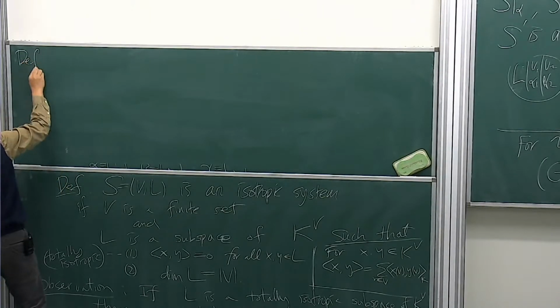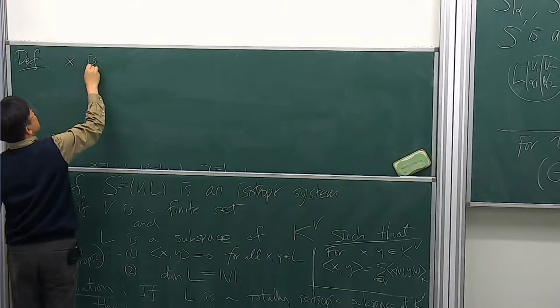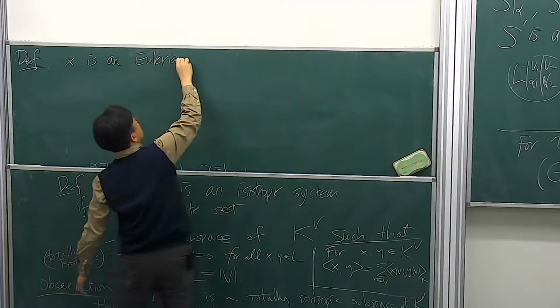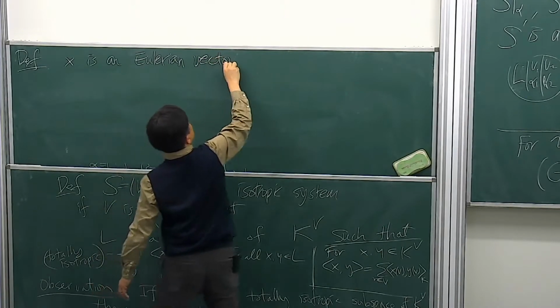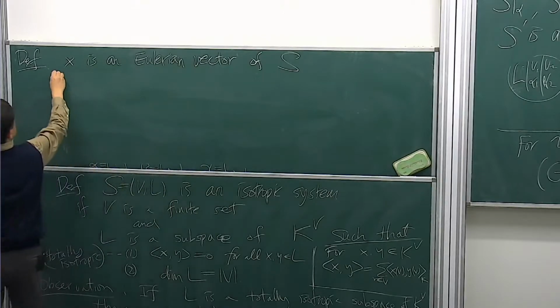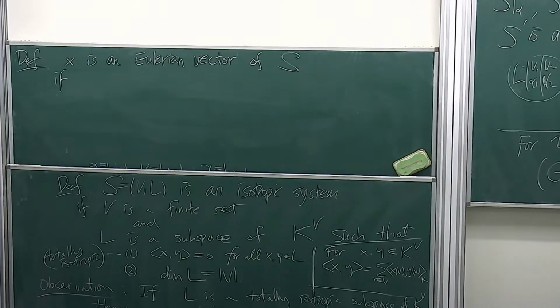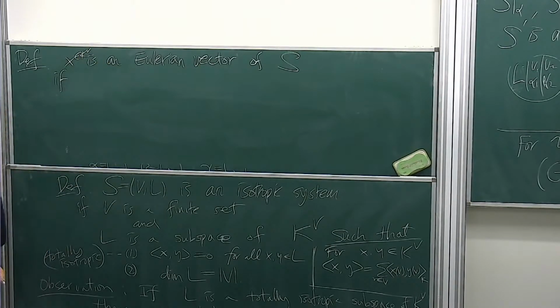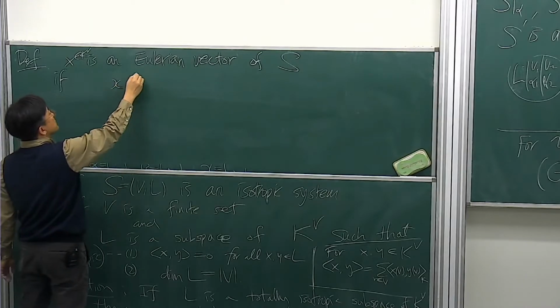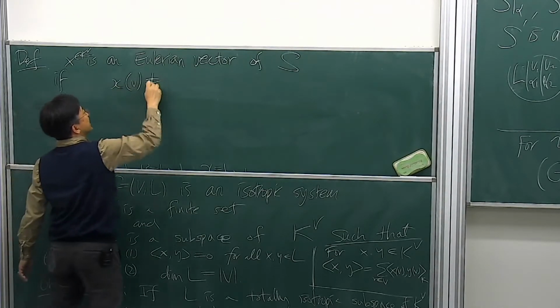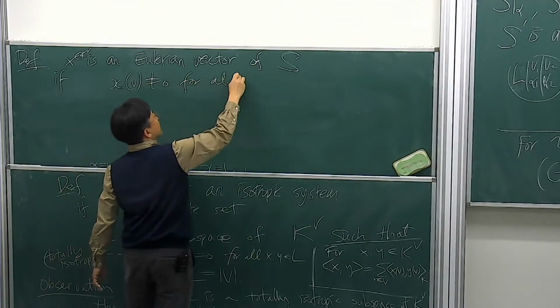Now, Bouchet defined the following. We say X is an Eulerian vector of an isotropic system S if, first of all, X_v is non-zero for all v.